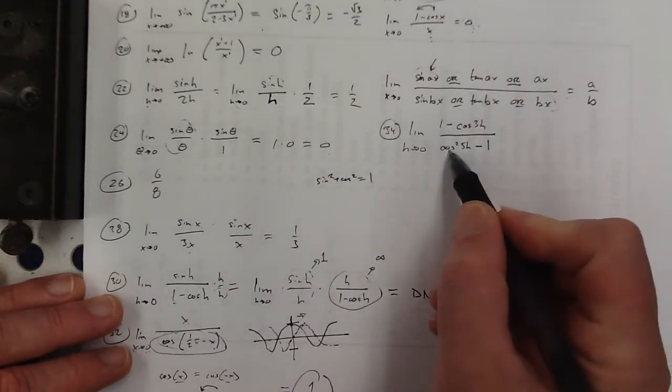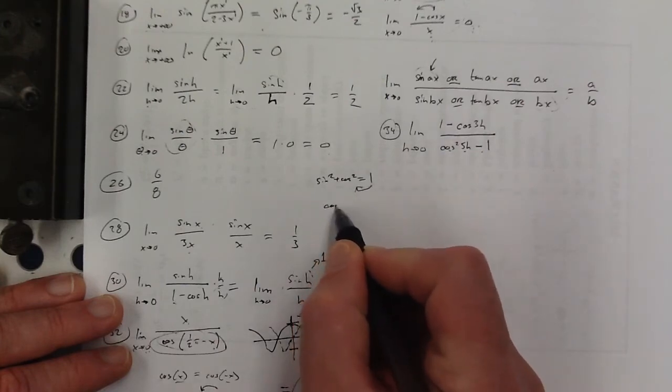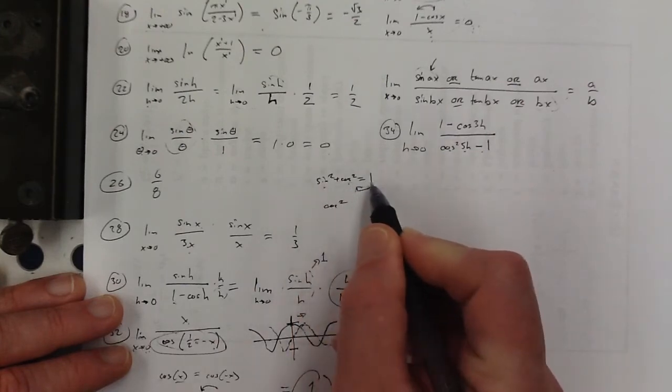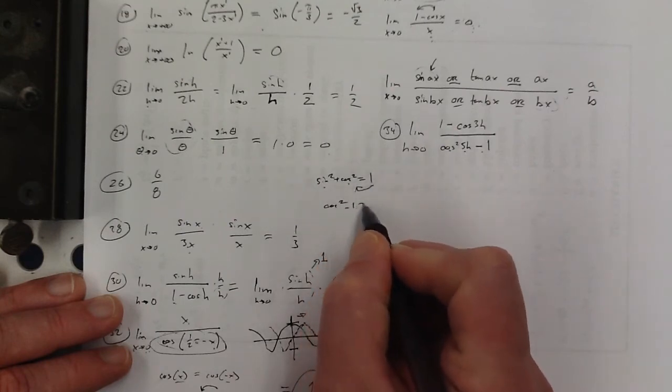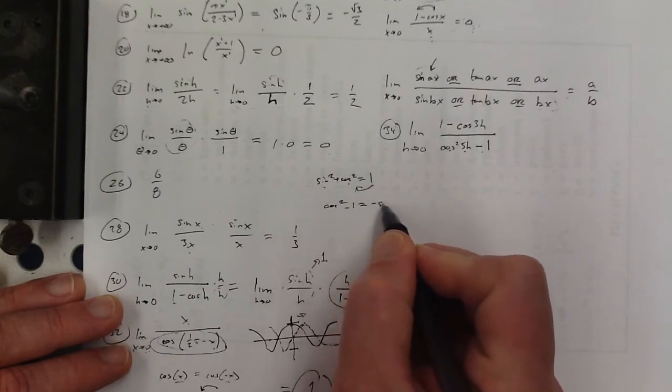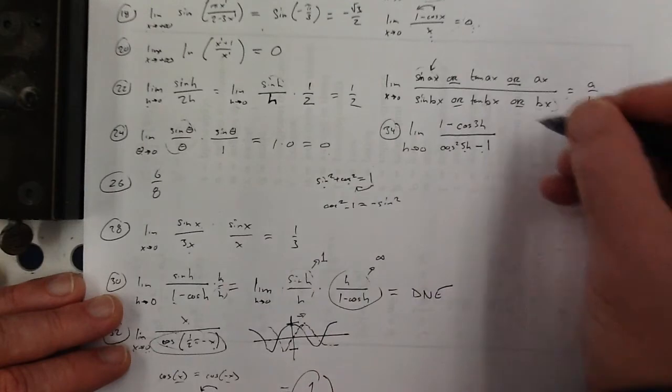So cosine squared minus 1, that'd be like moving this over here. If sine squared plus cosine squared equals 1, then cosine squared minus 1 is equal to negative sine squared. That's how things would shake out if you wanted it to look like that.